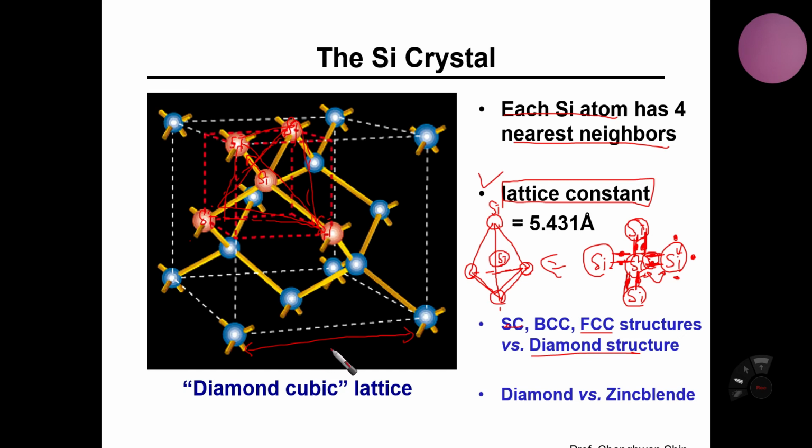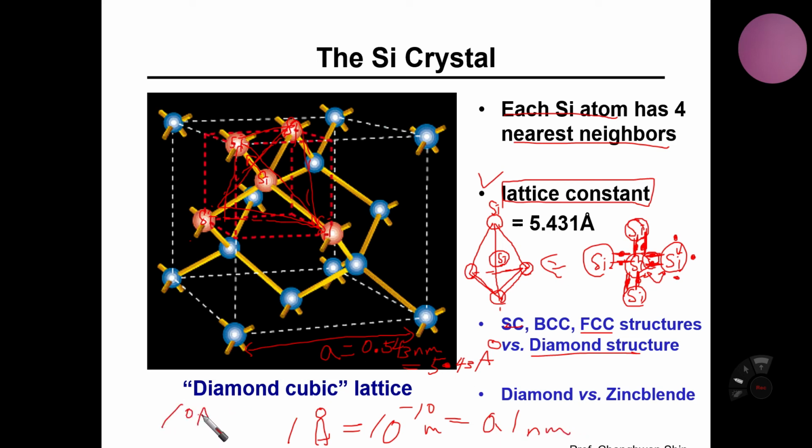This lattice constant is denoted with the symbol A, and for silicon crystalline material, the lattice constant is 0.543 nanometer, which is equivalent to 5.43 angstrom. For your information, 1 angstrom means 10 to the minus 10 meter, which is equivalent to 0.1 nanometer. So 10 angstrom is equal to 1 nanometer. Okay, right.